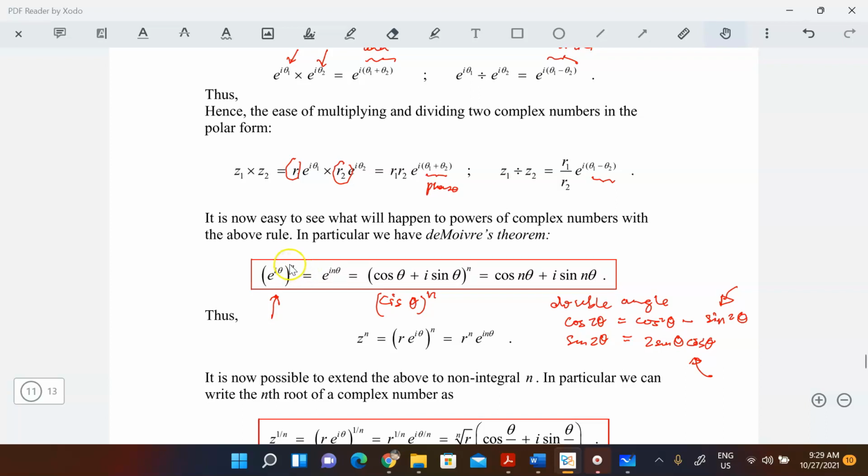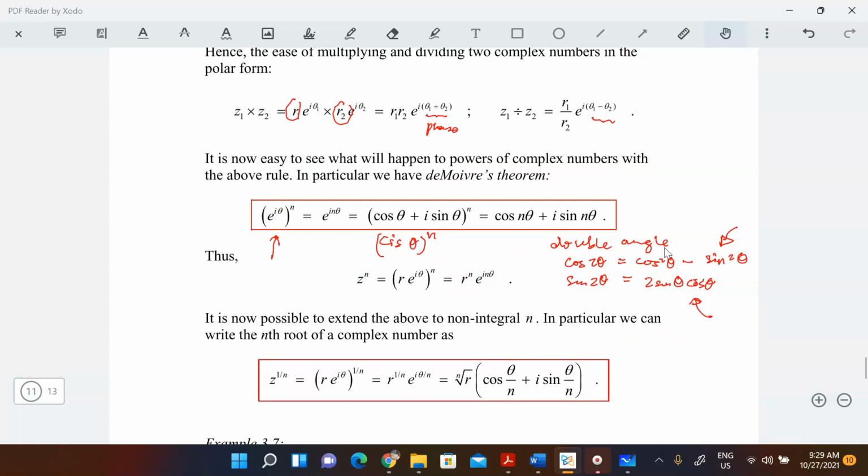But the one thing that we want to do for this particular section is to do the inverse operation of the power, which is the nth root. So when you take the nth root, it's again the same thing. You just take the power of your absolute value, your r, when you write in terms of polar form.